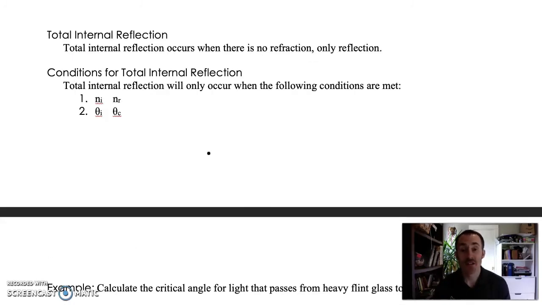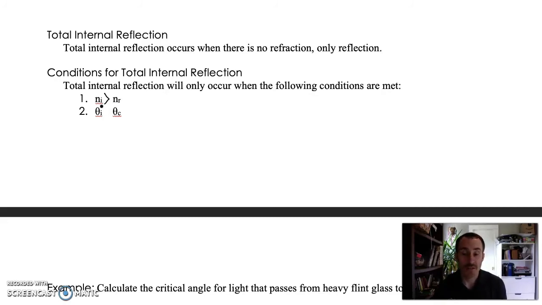And like we said, total internal reflection only occurs under certain circumstances. You have to be going from a dense medium to a rare medium, so the incident index of refraction has to be greater than the refracted index of refraction.